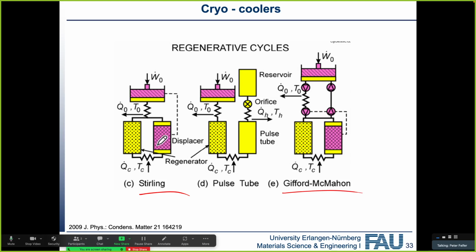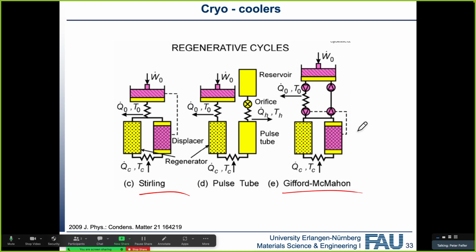So we're using helium, and the helium gets cooled on the primary side. On the secondary side, the heat is taken out. The problem with Stirling machines is that they're relatively expensive to build, because they're custom piston systems.